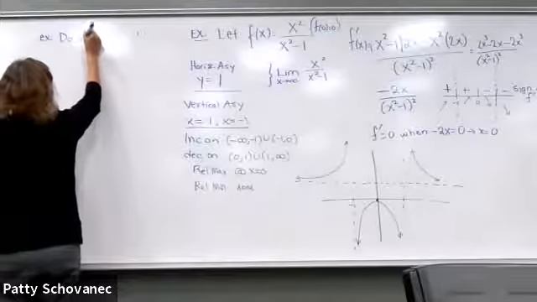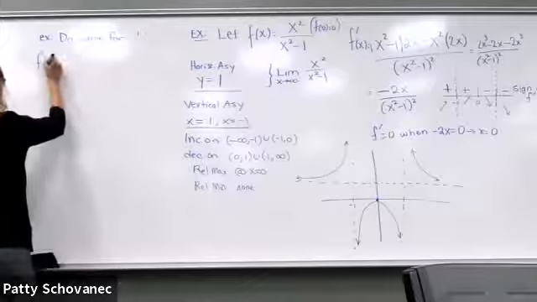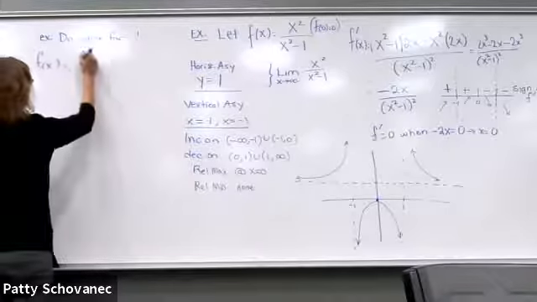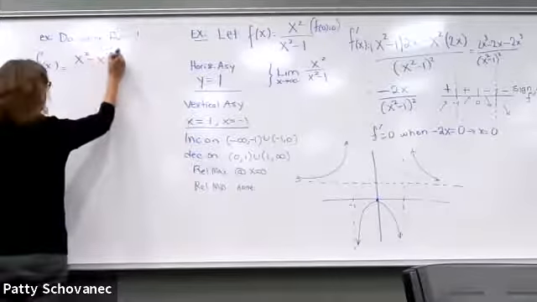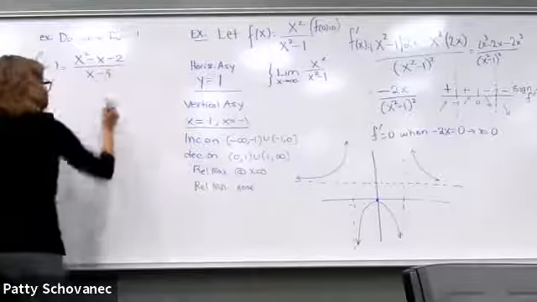The same for f of x is equal to x squared minus x minus 2 divided by x minus 3.